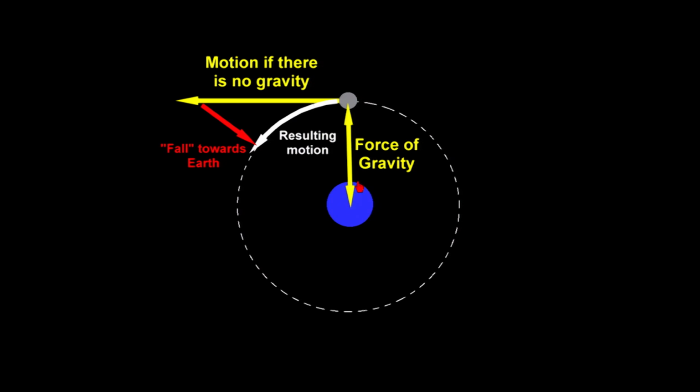Now, another part of this is, of course, what if we wanted something else to orbit the Earth? Would it matter if it's a space station or the moon? The moon is much more massive. The space station is less massive than the moon. But remember, all bodies fall at the same rate regardless of their mass. So the moon would fall at the same rate that the space station would fall.